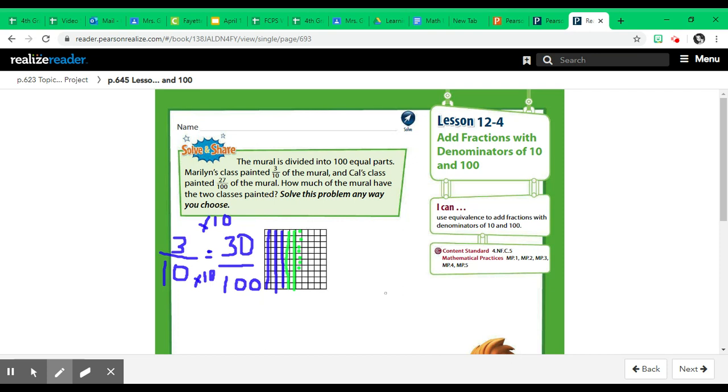Now, you could count to get your answer and say, I have 10, I'm going to change my pen color. I have 10, 20, 30, 40, 50, 57 hundredths.